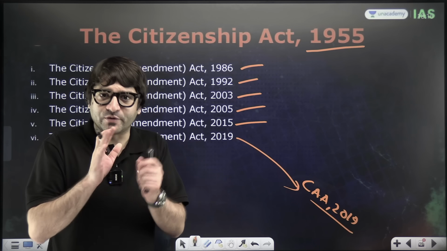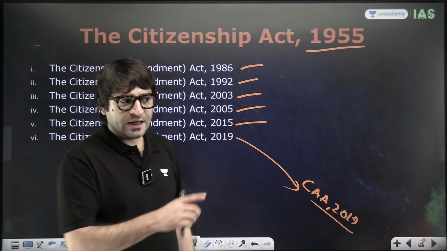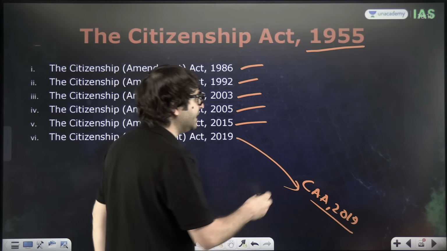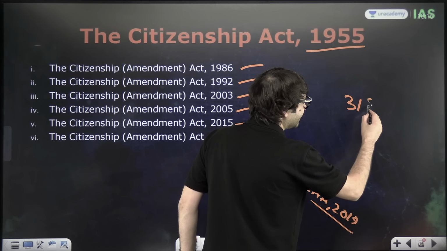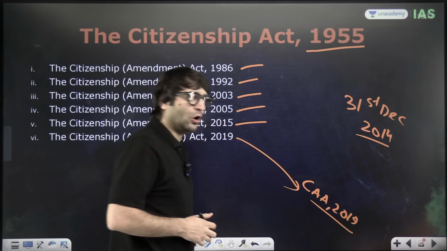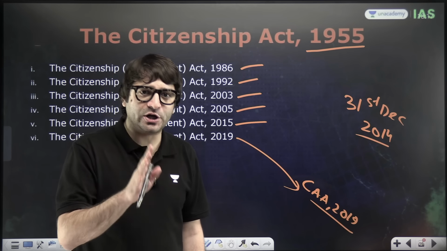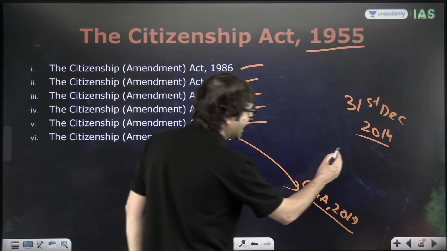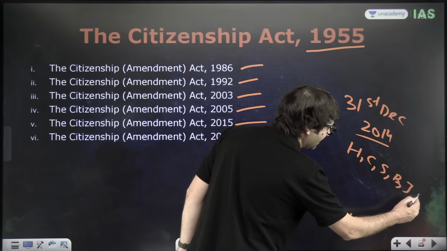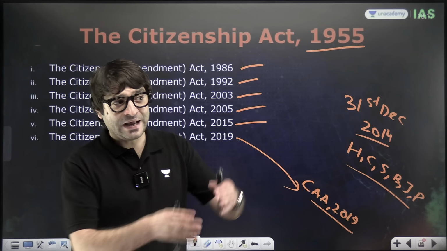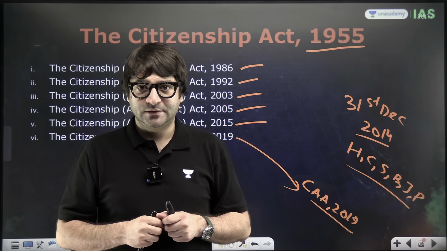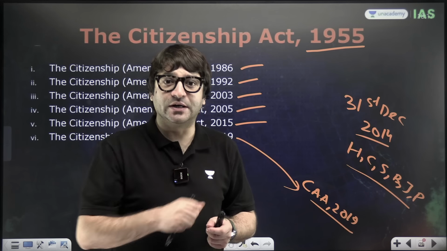But a condition was provided, an exception was provided. If you are from Pakistan, Afghanistan, Bangladesh, and if you have entered India on or before 31st December 2014, but you belong to the 6 religious minorities of these countries, you are Hindus, Christians, Sikhs, Buddhists, Jains, Parsis. You may have left these countries because you feared for your life. You were persecuted because of your religion.